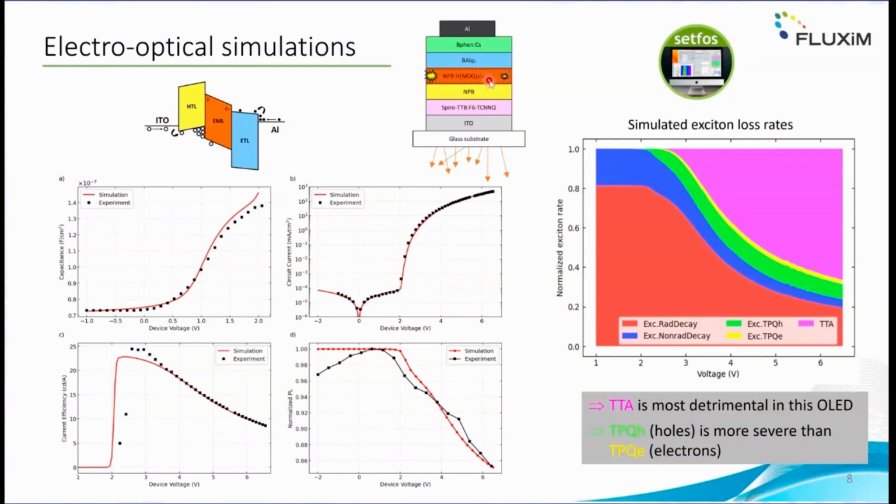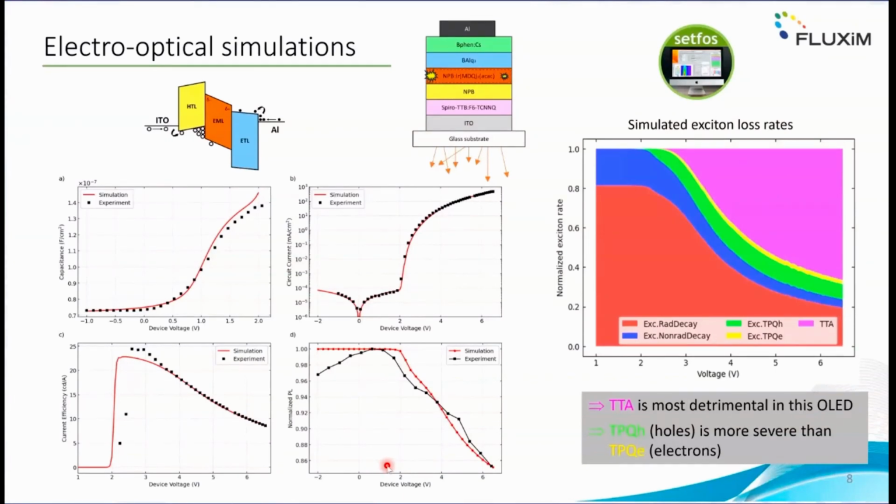And now the OLED that we investigated is actually this red emitting IrMDQ acac emitter, and we measured JV curves, we measured capacitance versus voltage, we measured current efficiency roll-off versus device voltage, and in addition, as introduced just before, we measured the modulated PL spectroscopy data, which is PL versus device voltage.